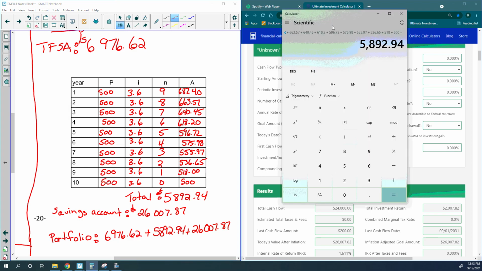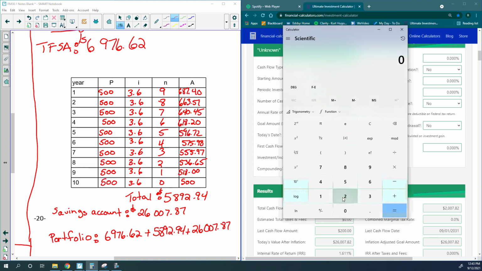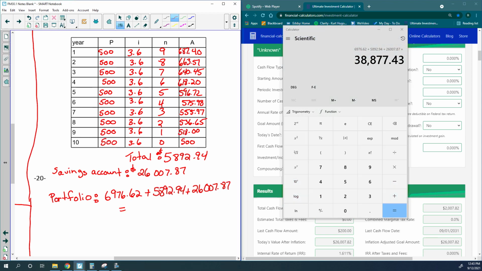I'm going to pull up my calculator and we'll add those all together. 6,976.62 plus 5,892.94 plus 26,007.87 equals. So our total for this one is $38,877.43. Okay. So that's how much her portfolio is worth at the end.